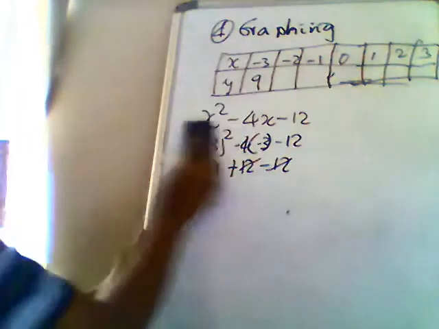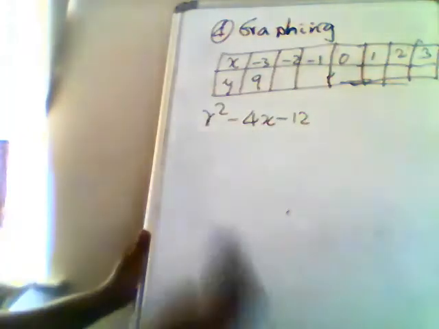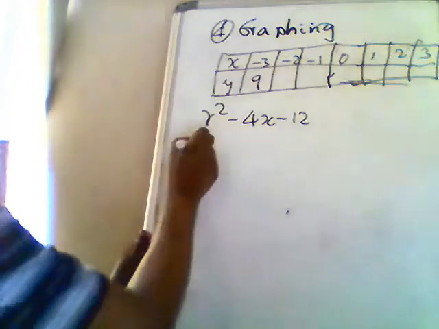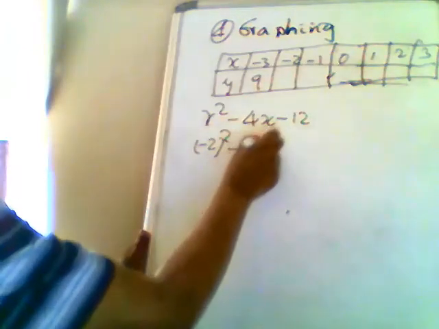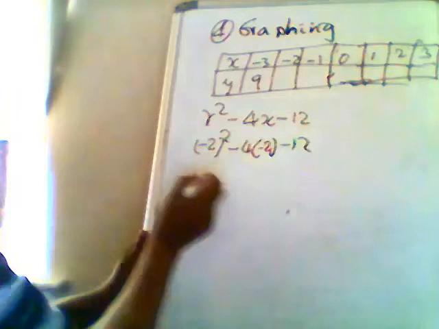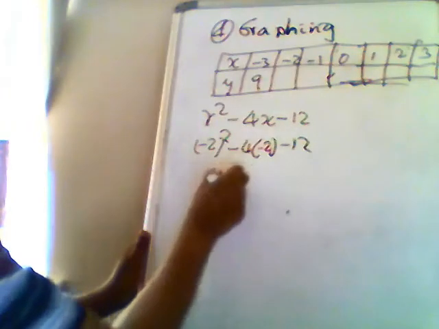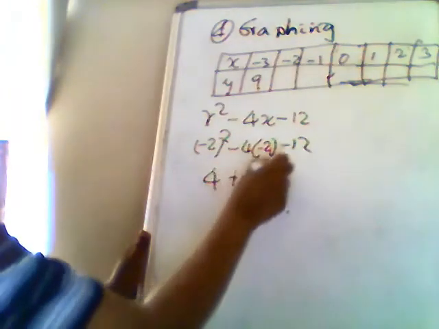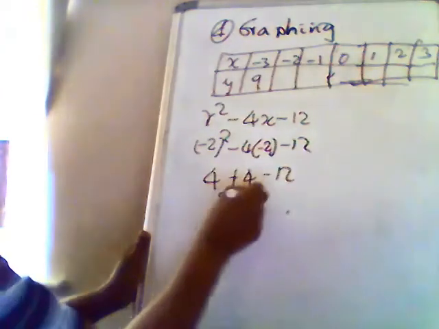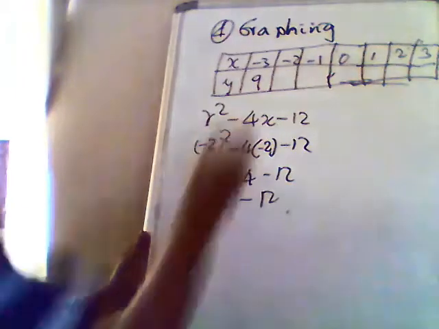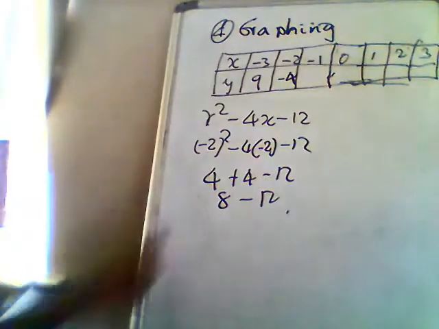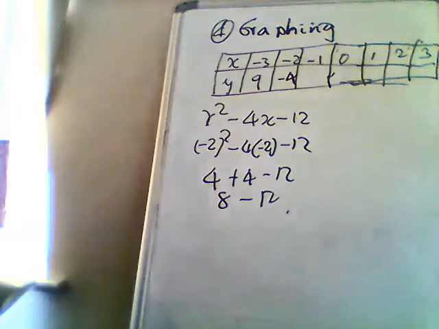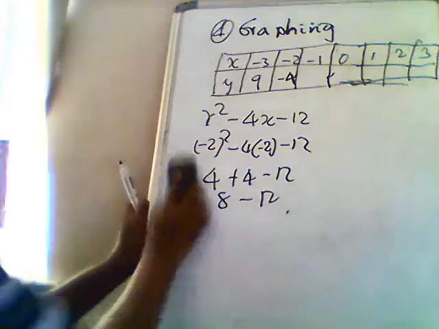Then we substitute x equals -2, so -2 squared, -4 times -2, -12. This is 4 plus 8 minus 12, which gives you 0.